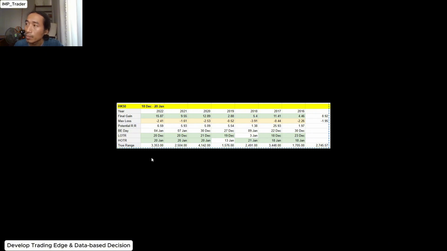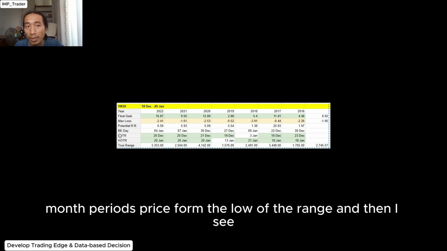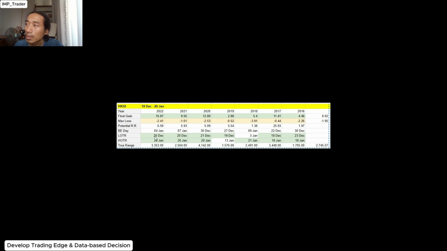And I look at where in this 1 month period price formed the low of the range, and I see 20 December, 20 December, 21 December, and 19 December, and then 18 December and 23 December.